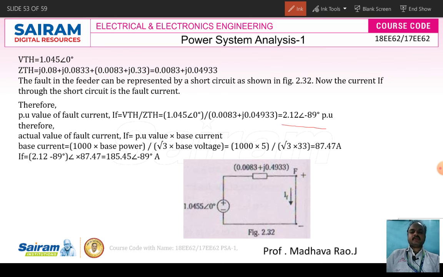The actual value of the fault current IF is equal to the per unit value into the base current. The base current is 87.47 amperes.